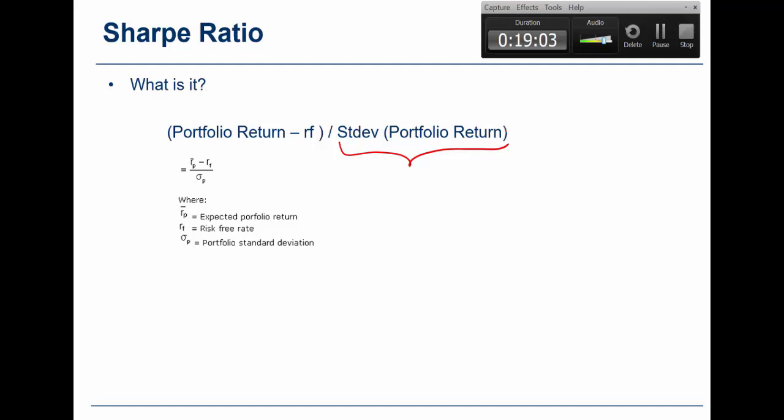It means we want to know how your excess returns compare to the volatility of your portfolio only when you are losing money.